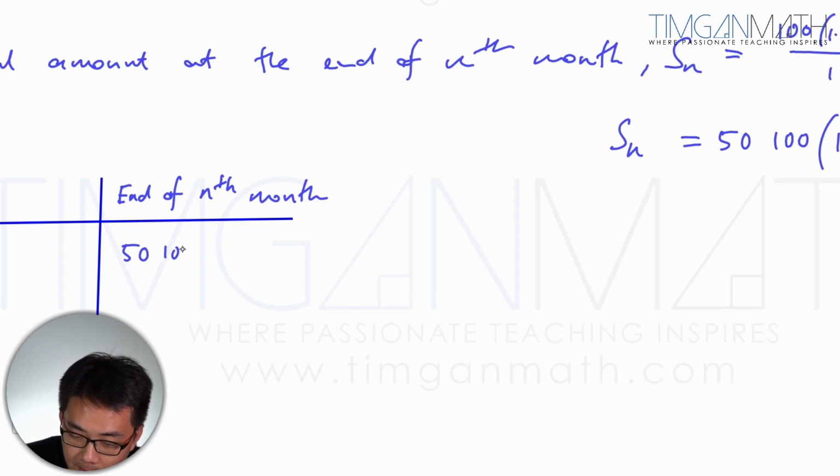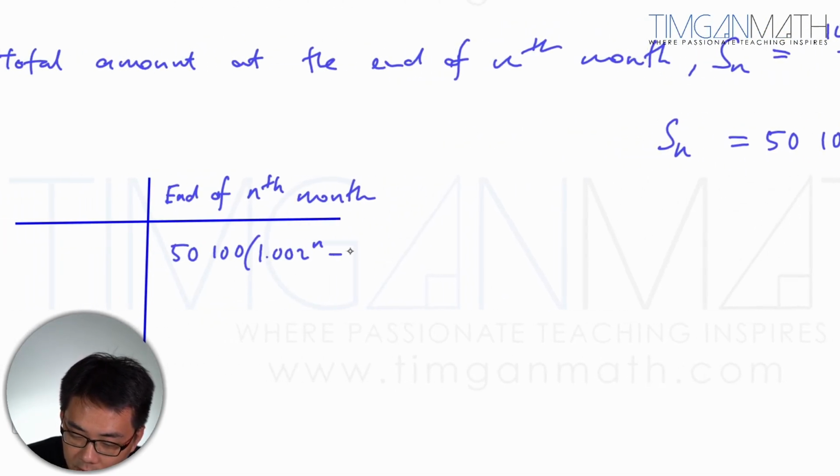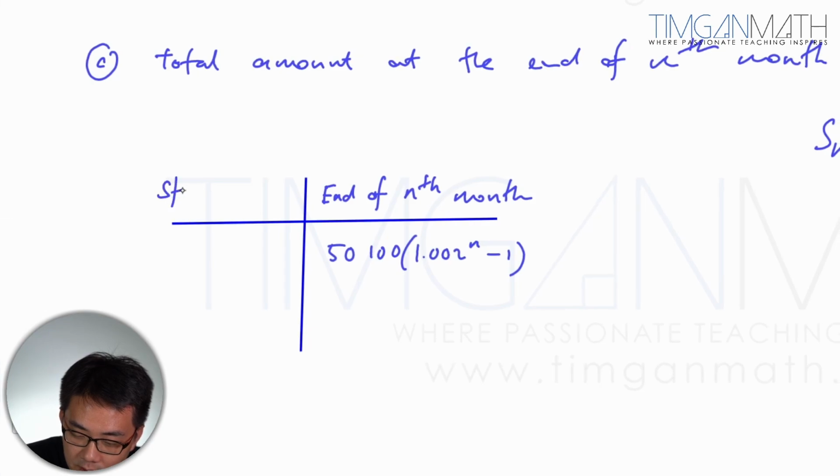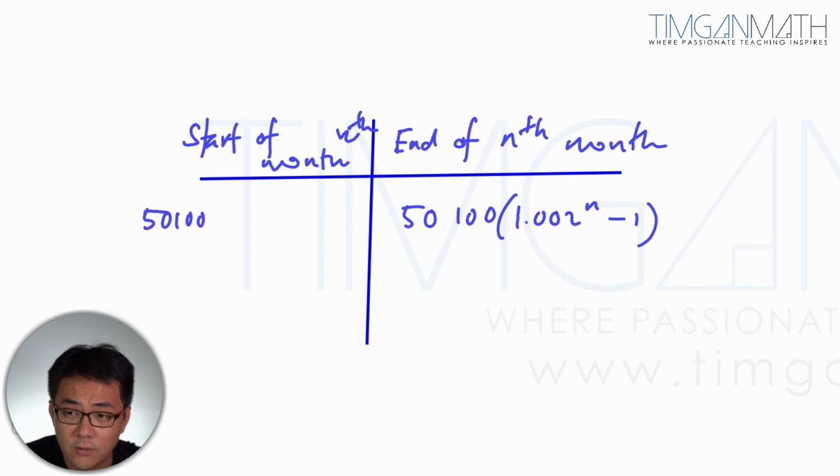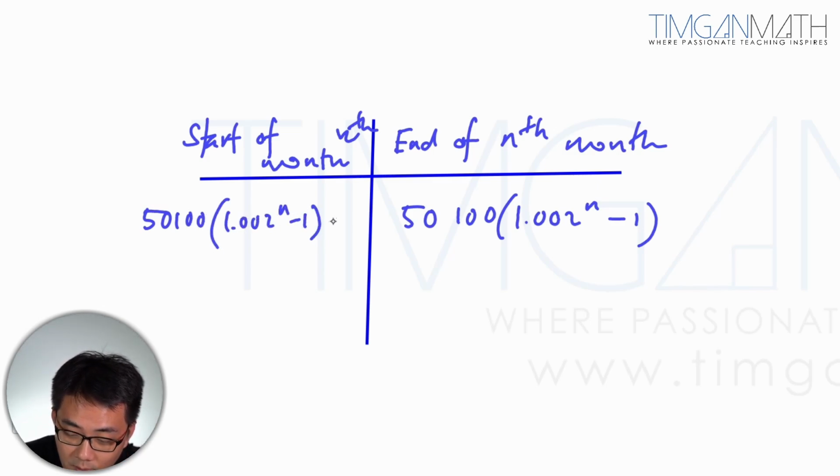But don't forget that the tricky part for this is there's the start of the month. Start of the nth month is actually just 50,100 times 1.002 to the power of n minus 1 minus 100.